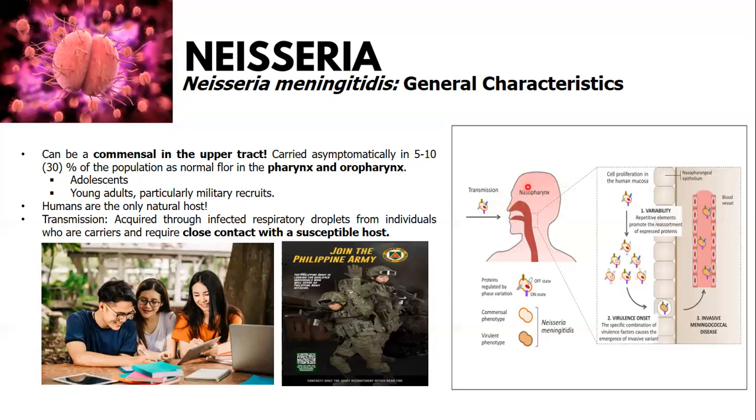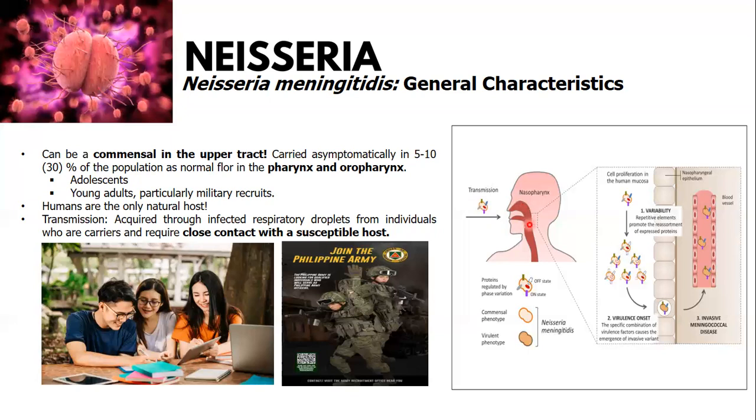So let's say, for example, in this illustration, we have a respiratory droplet that carries the microbe that has been expelled from a carrier, and once a susceptible host is in close proximity, this can be inhaled by the susceptible host, and the organism within the respiratory droplet could establish infection in the nasopharynx.